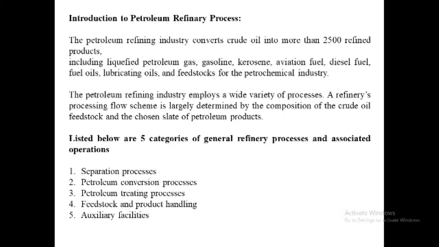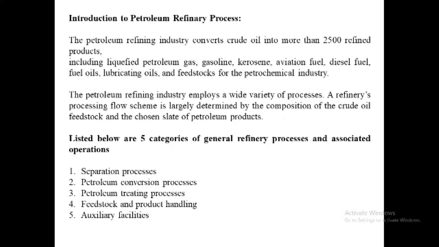What does this separation process mean? The first phase in petroleum refining operation is the separation of crude oil into its major constituents using three petroleum separation processes. Number one, atmospheric distillation, then vacuum distillation, and light end recovery, that is gas processing.